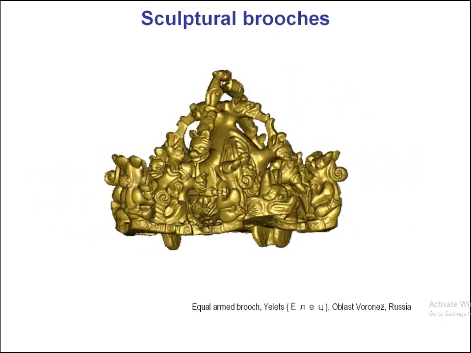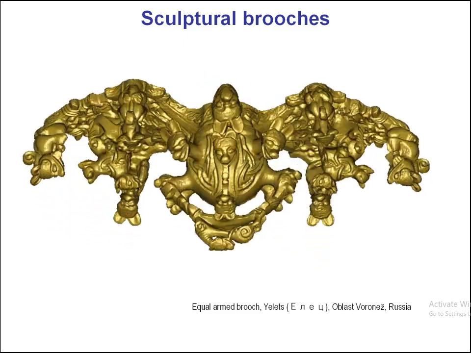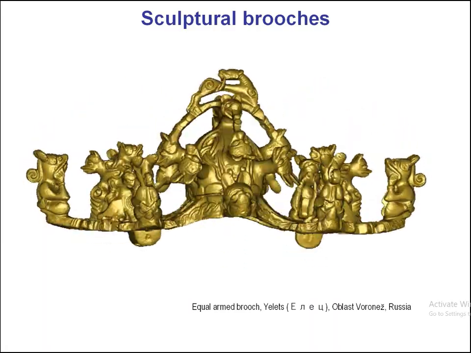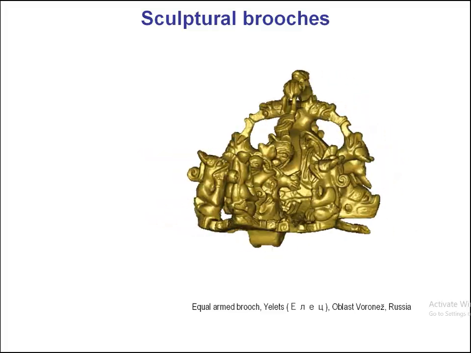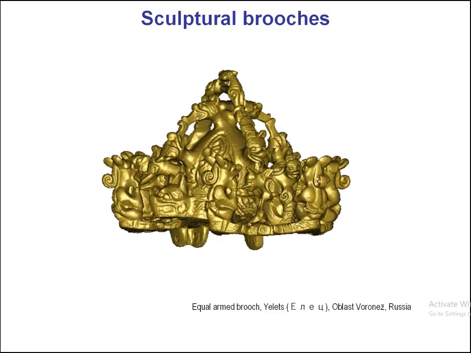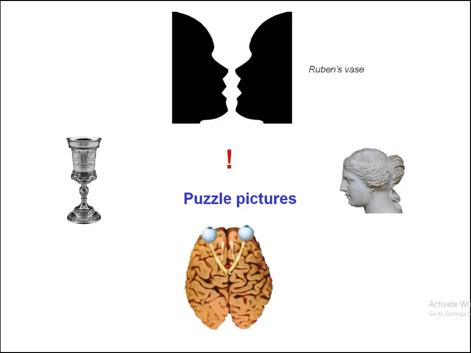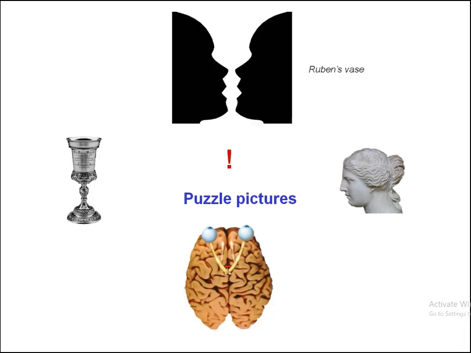Interestingly enough, the Jelets brooch, as many other brooches from this handicraft tradition I've been speaking about, which is East Scandinavian, are littered with puzzle pictures. And what is a puzzle picture? A puzzle picture is an intricate composition that contains two or more competing motifs.